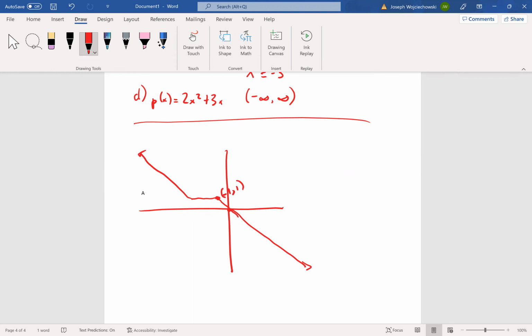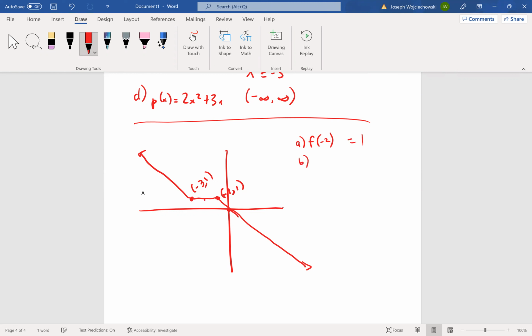And this does go through the origin. And this point here is negative 3, 1. So first thing I want to do is find f of negative 2. So that means when x is negative 2, what is y? Well, that would be right here. So that's 1.